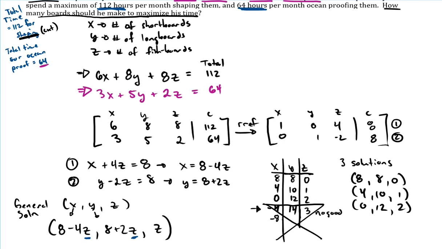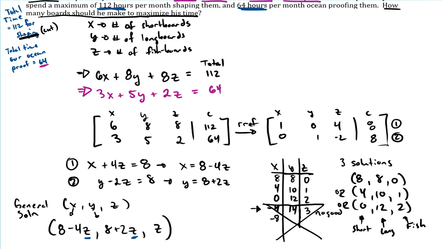So he could do 8 short boards. So these are the number of short boards. These are the number of long boards, and then these are the number of fish boards for the 3 different cases. So 8 short boards, 8 long boards, and 0 fish boards. Or he could do this one, 4 short boards, 10 long boards, and 1 fish board.